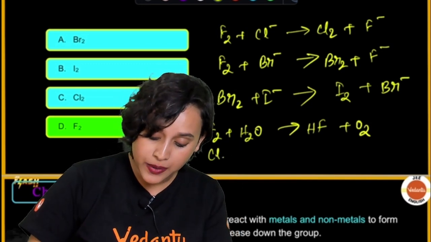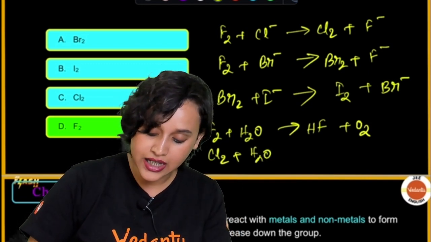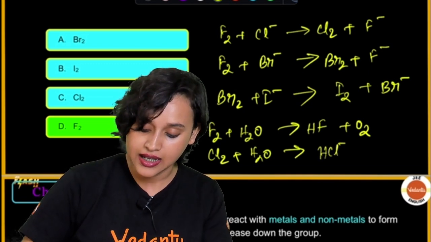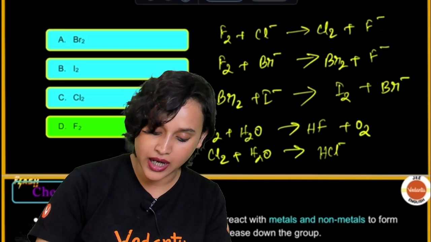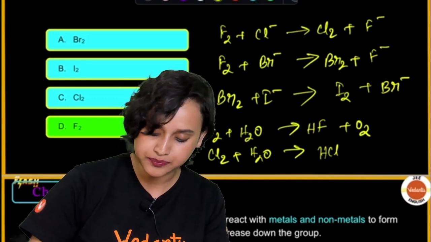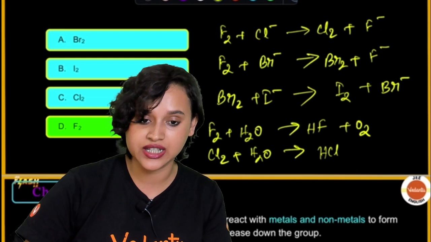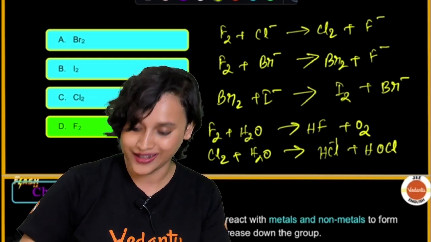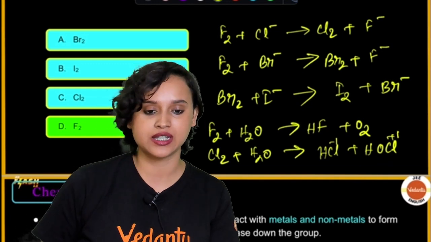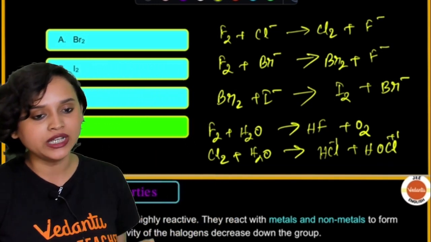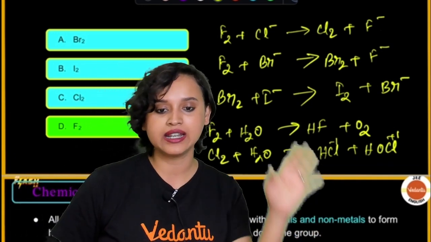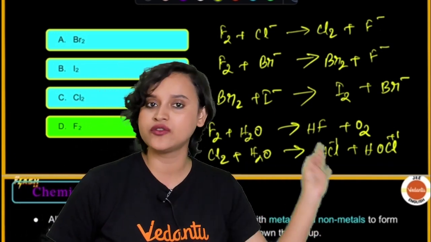If Cl2 plus H2O reacts, then you will get HCl, where the oxidation state of Cl is -1, plus you will also get HOCl, where the chlorine has +1 oxidation state. Similarly for bromine. In case of I2 plus H2O, it does not give you any reaction.